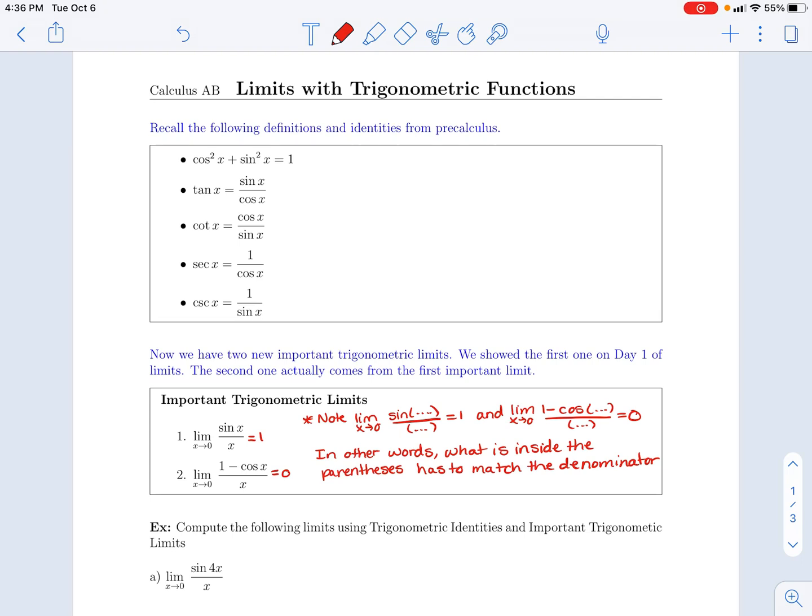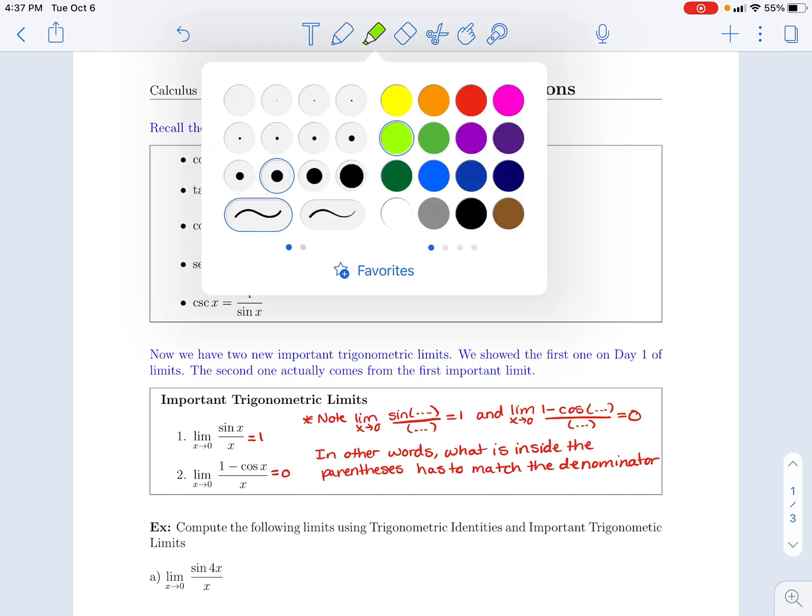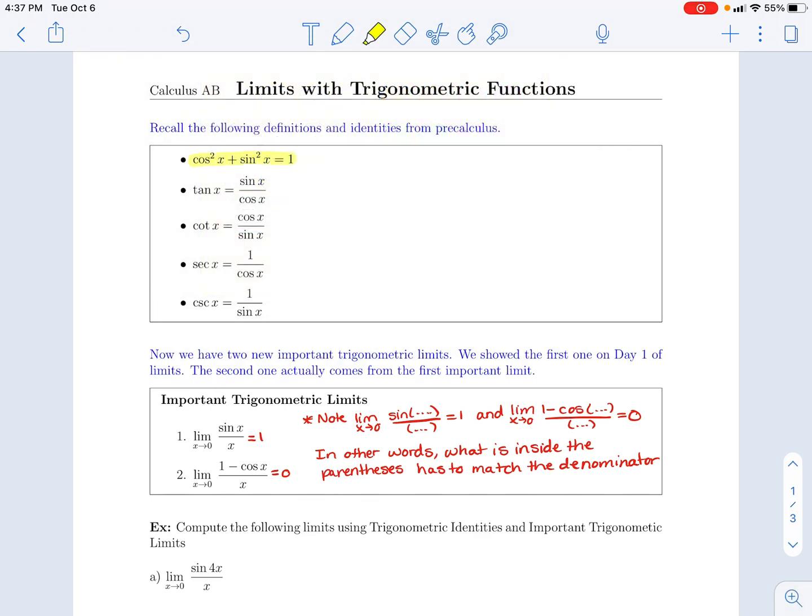So the first one is just the cosine squared of x plus sine squared of x is equal to 1. Alright, so this one's really important. This one's also used a lot, and so you might see something like it written in a different form, like sine squared x is equal to 1 minus cosine squared x, or you might see that cosine squared x is equal to 1 minus sine squared x.